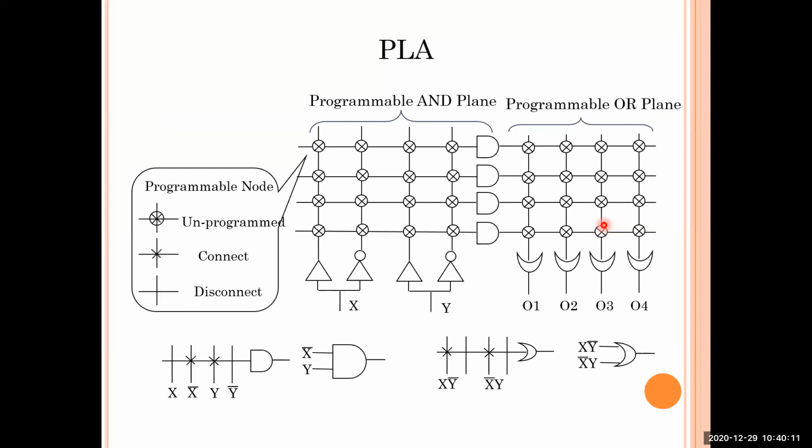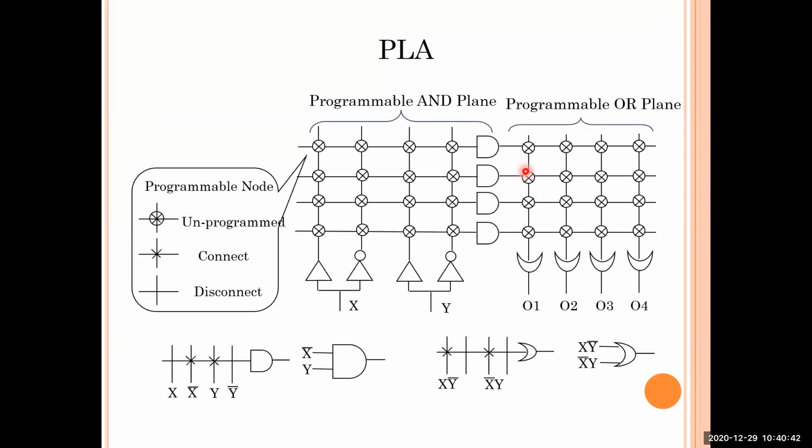A PLA comprises a collection of AND gates that feeds a set of OR gates. The AND gates give input to the OR gates. So this PLA is based upon the SOP form, sum of products.